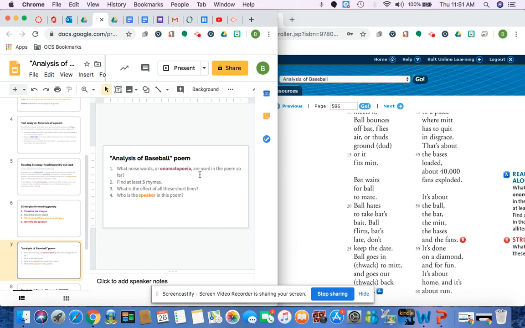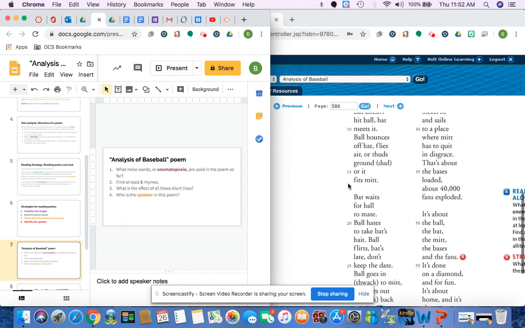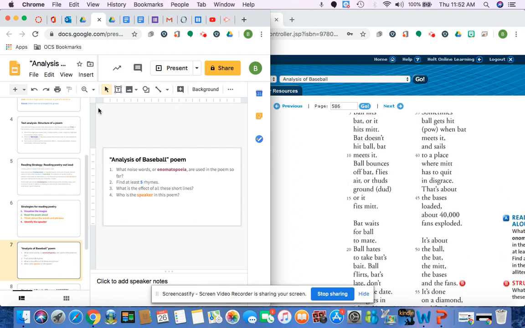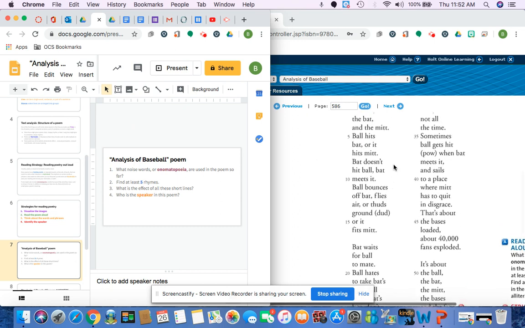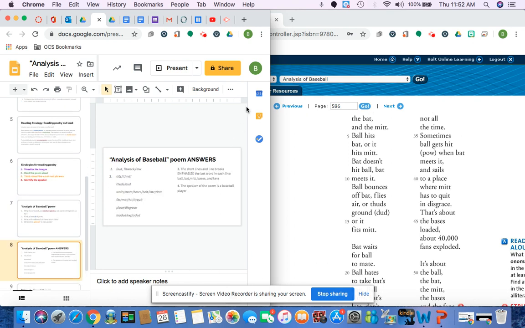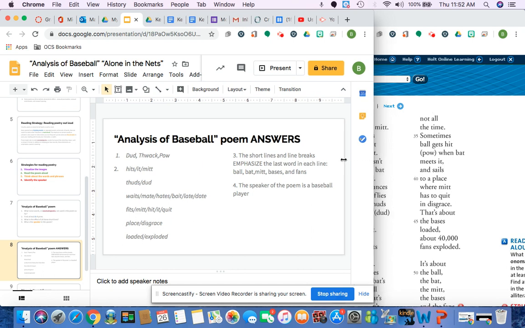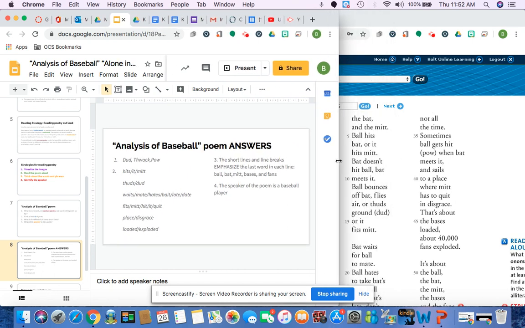But when you think about noise words or onomatopoeia used in the poem so far, there's a couple of different examples of this in this particular poem. I think it's probably easier for me just to go over the answers so you guys get to actually see what's going on. The first question asks for onomatopoeia words.